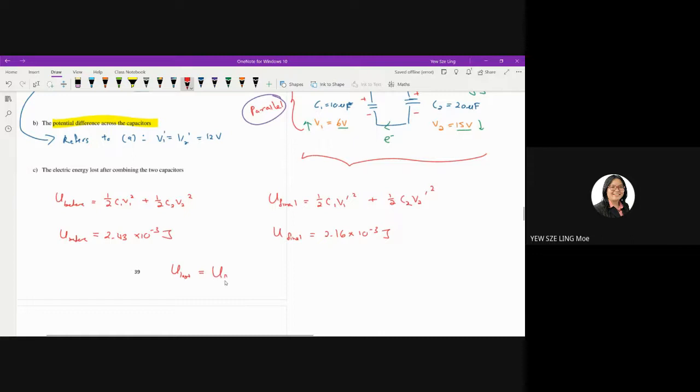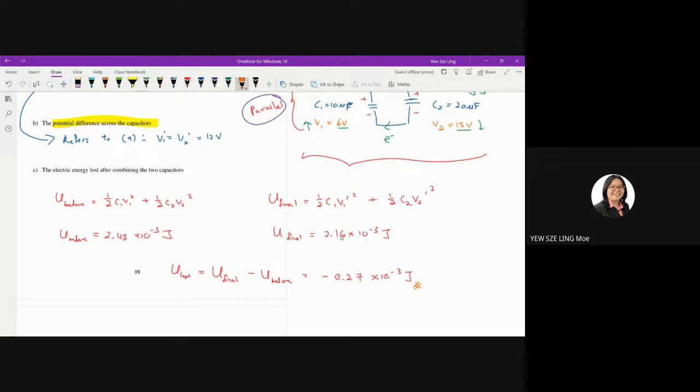So U final minus U before is equal to negative 0.27 times 10 to the power of negative 3 joule. All right, so this is the amount of energy lost in your example 4. So how to calculate U total before? You calculate the energy stored in each individual capacitor, and then you add them up.